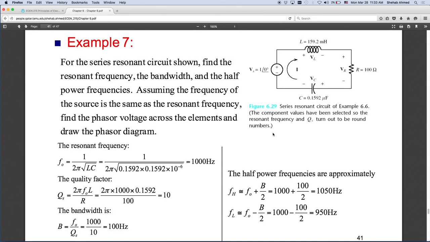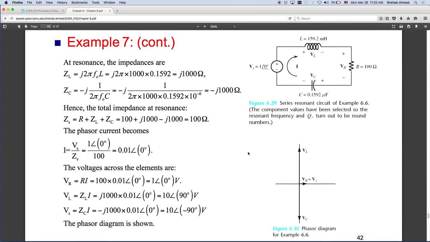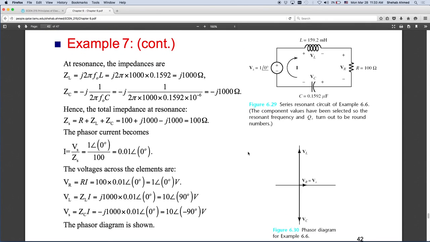So let's see what they did here. At resonance, they calculated ZL, which is j omega L, and substituting the value of L it's j 1000 ohms. They calculated ZC, which is minus j over 2 pi FC, minus j 1000.